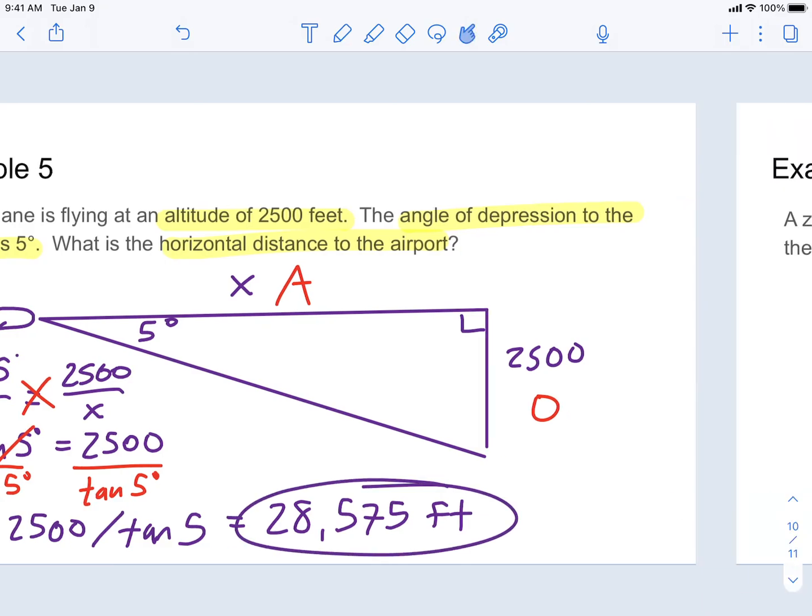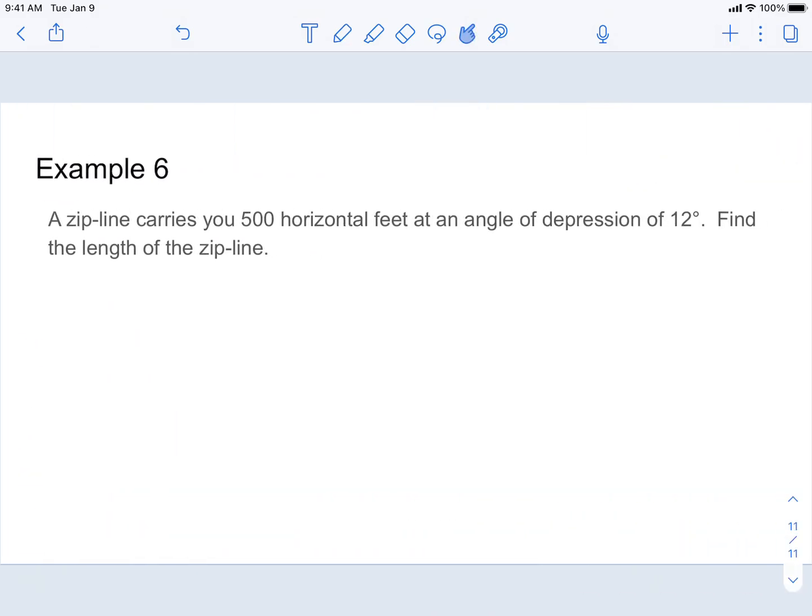All right, last one. Okay, we'll do this one with the not upside down triangle. So we've got a zip line carrying us 500 horizontal feet at an angle of depression of 12 degrees. Find the length of the zip line. Let's highlight some stuff. So 500 horizontal feet, angle of depression is 12, and we want to find the length of the zip line.